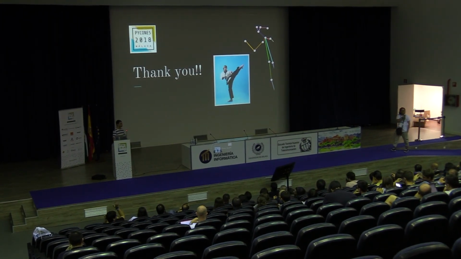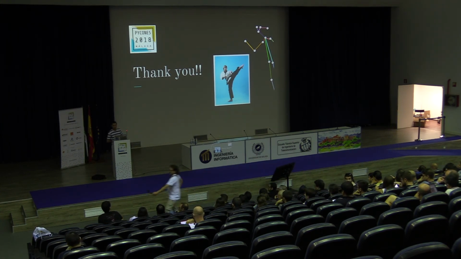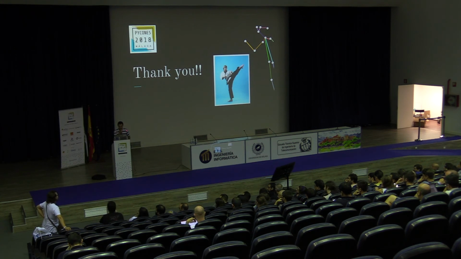Any questions? Hi, thank you and congratulations for the talk. As you were showing, it took from a second up to 8 seconds to process a single image. I would like, for example, to follow a ballet.